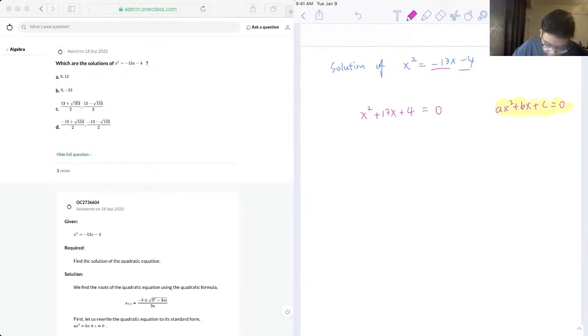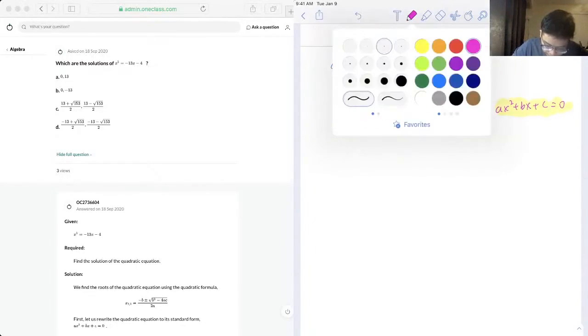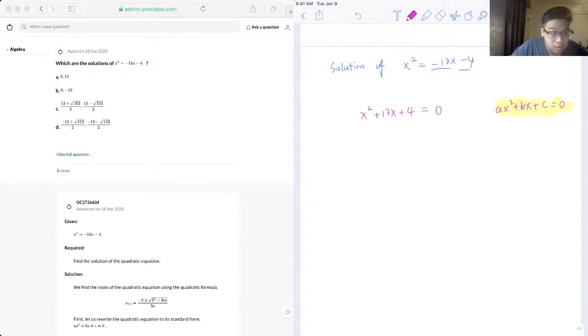So let's see how we apply it. x will be equal to negative b plus or minus the root of b squared minus 4a times c, over 2a, right?